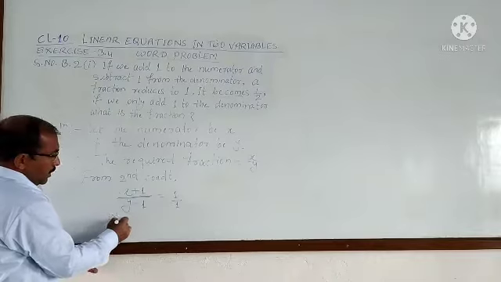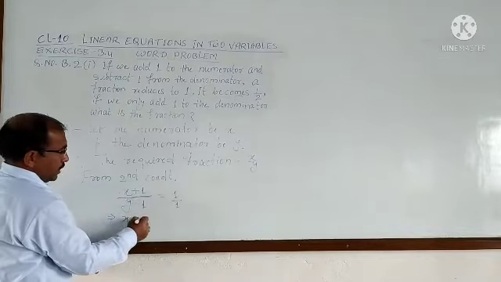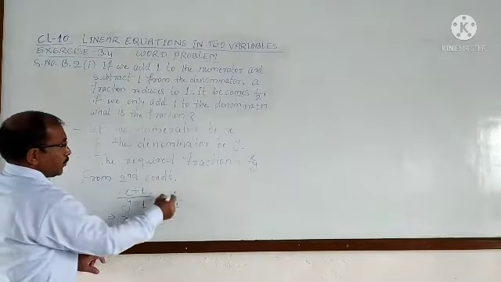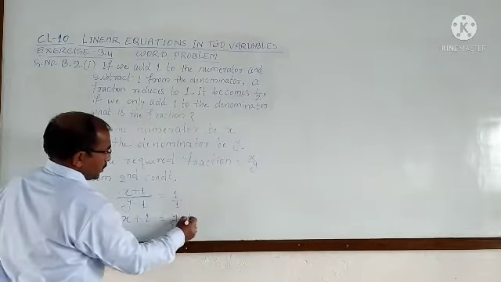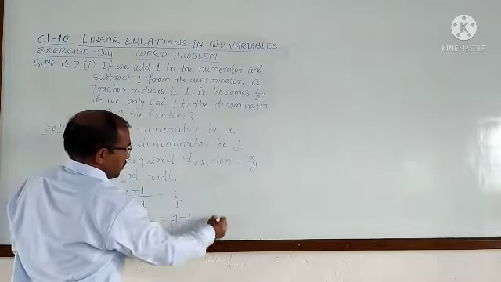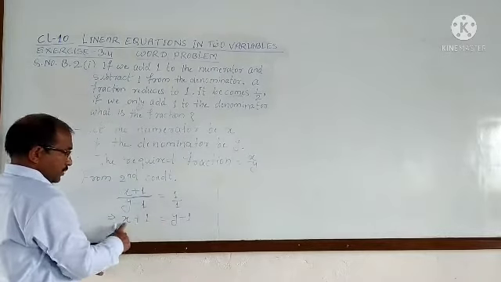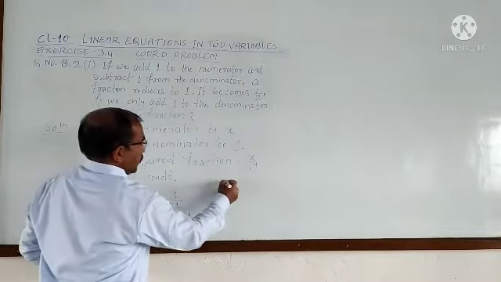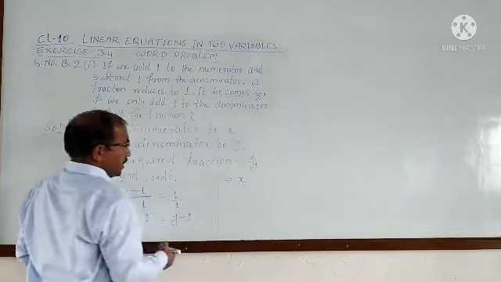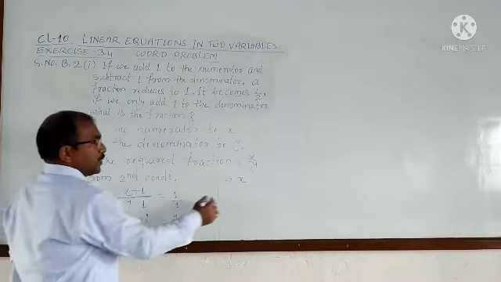X into 1 we get x, 1 into 1 we get plus 1, then y into 1 is y, minus 1 into 1 is minus 1. So what do we get here? We get x plus 1 equal to y minus 1. Arranging it: x is in LHS, y we will bring to LHS.